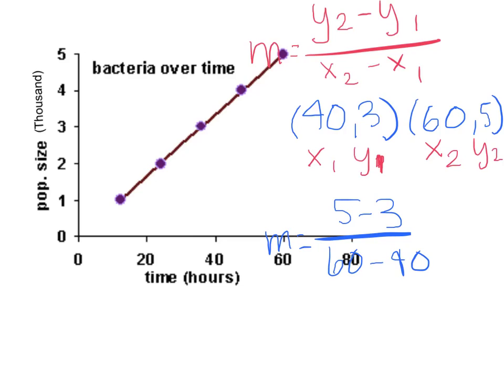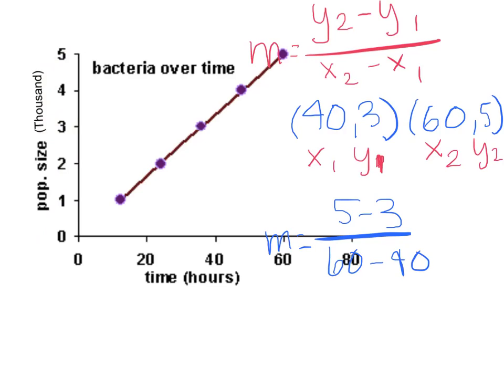Now, before I finish this, I just want to point out that another difference between the last example and this one is that I know that 40 and 60 are representing time in hours, and 3 and 5 are representing my population size, in thousands. Because I know what this information represents, I can go ahead and label my answer when I'm finished.